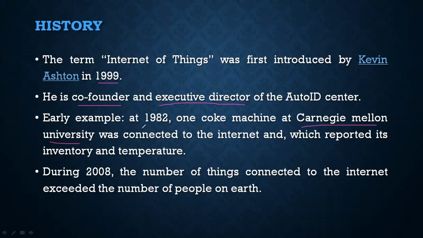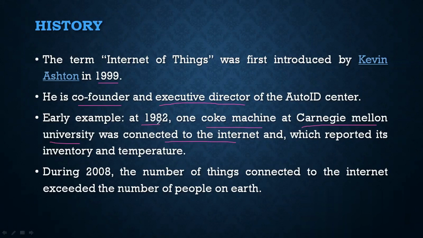In 1982, one device called the Coke machine was connected to the internet. With this connection, it gave information like when the Coke machine was loaded and what the temperature was inside and outside of the Coke machine. So this is the early example we can take for an IoT system.